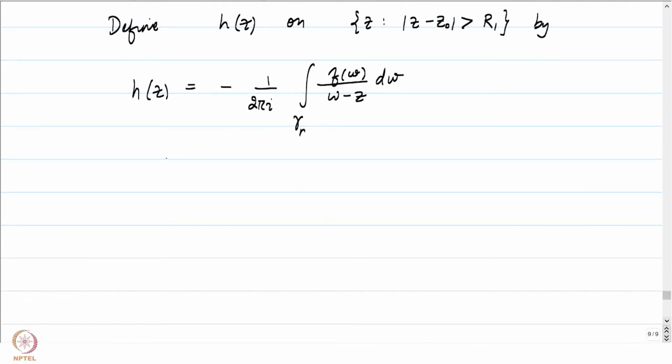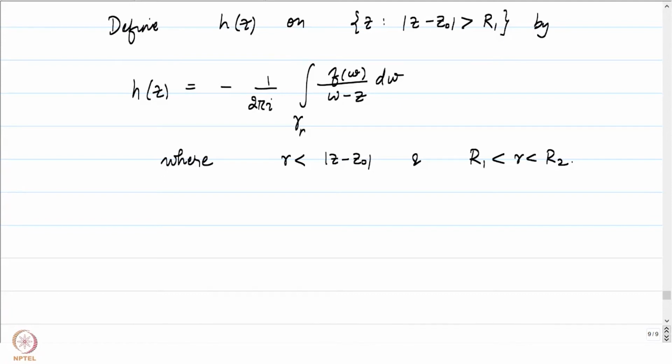Remember that the z comes from there. And r now is less than mod z minus z naught, and it is between r1 and r2. Yet again, all the arguments that we gave earlier for g of z go through for h as well. H is a function which is holomorphic on the region z such that mod z minus z0 is greater than r1, and it is well defined, it does not depend on the exact r, because f of w by w minus z will be holomorphic in the relevant annulus that we will be considering.